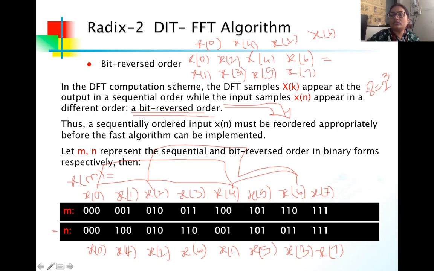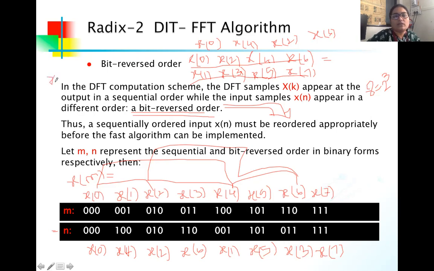This is the first partition, where I have collected even values and odd values. From these, I have collected further even and odd values. From these odd values, what are the further even values? This is at position 0 and this is at position 2, so these two values are even.